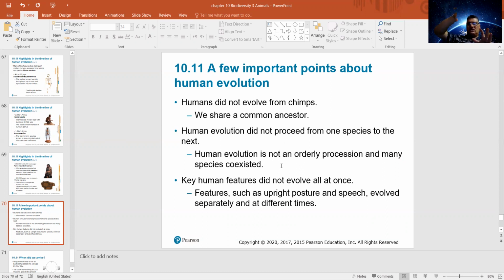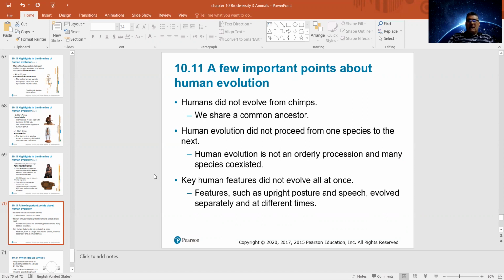This species continues to have its own evolution, and our species continues to have its own evolution. It's not like one is over and then the next one comes more advanced. No, they coexisted. They continue to do their own evolution, including us. We have our human evolution, and the others continue their own evolution in a different way.